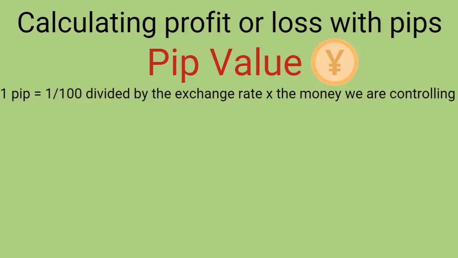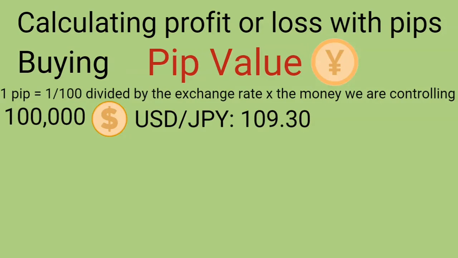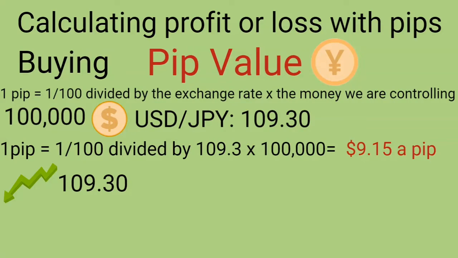So if we start a trade by buying $100,000 in a USD/JPY pair and the price quote is 109.3, the pip value is going to be 1/100 divided by 109.3 times $100,000. This is going to equal $9.15.